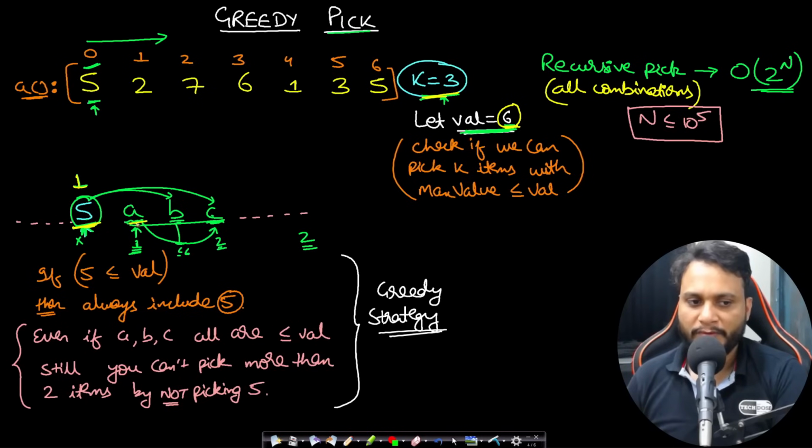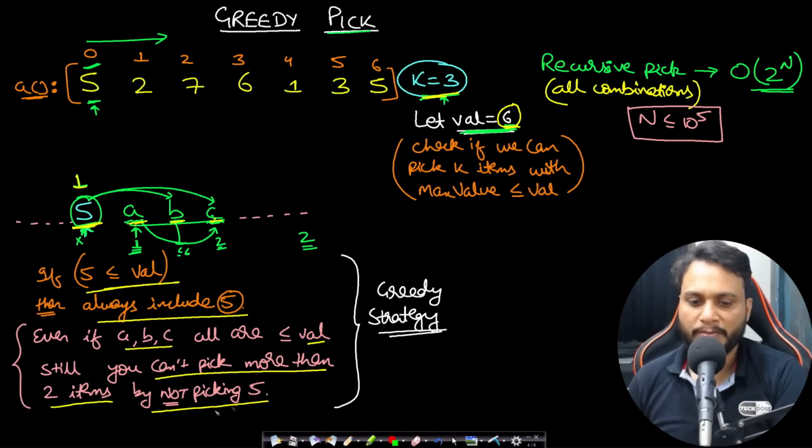It does not matter whether A, B, C are greater than the value, less than or equal to the value, or some of them are greater and some smaller. You will never be able to maximize the length if you do not pick this 5. Either the length will be the same or it will be lower. So if 5 is less than or equal to the value, then always include 5. Even if A, B, C are all less than or equal to the given value, still you cannot pick more than 2 items by not picking 5.